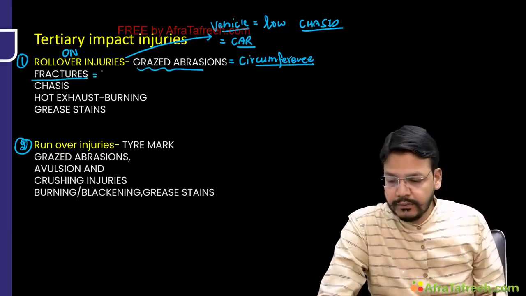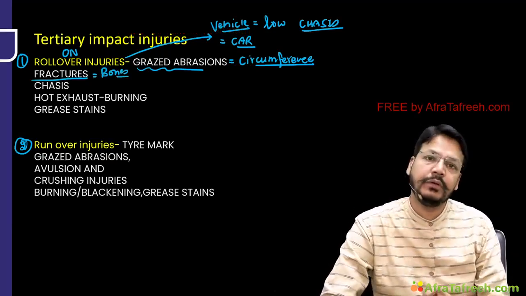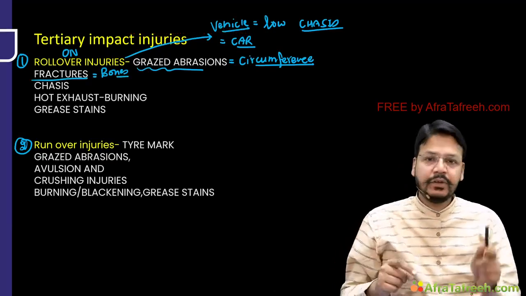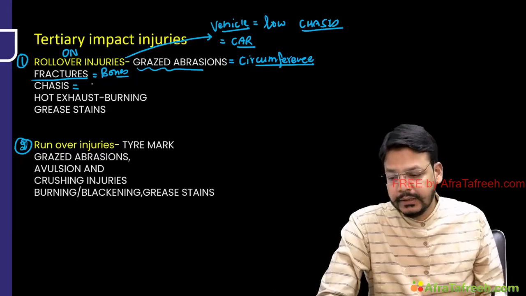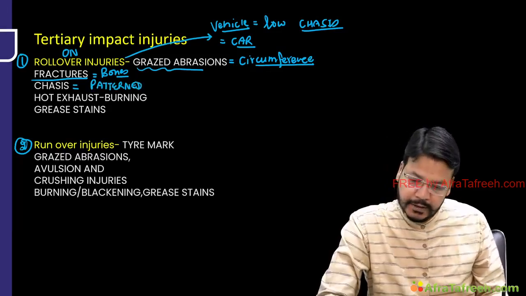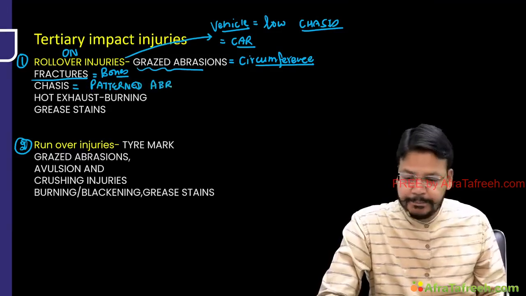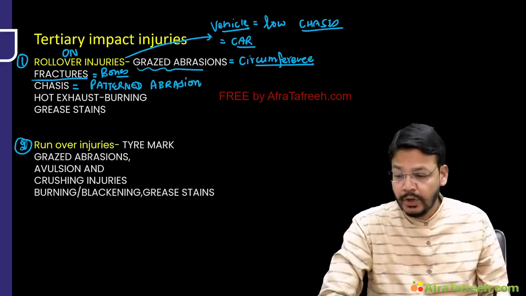Fractures of the bone, very, very important, my dear friend. So grazed abrasion on the circumference of the body and fracture of the bone. The chassis will form the patterned abrasion. Okay, it is a low chassis car.